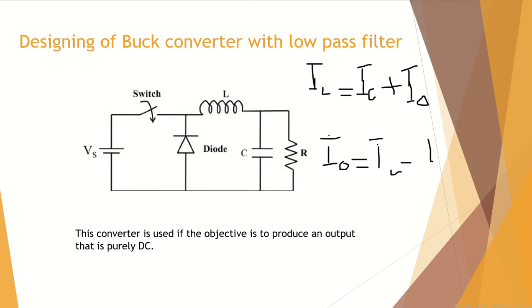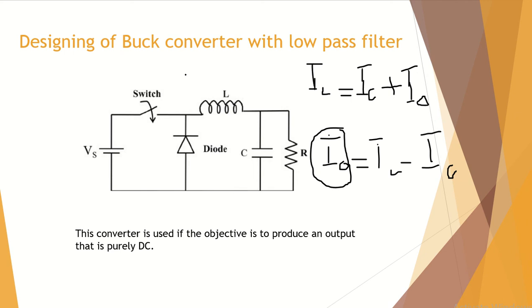I naught is equal to IL minus IC. During this, what we have assumed is that our I naught should remain constant. We have assumed that I naught is constant.